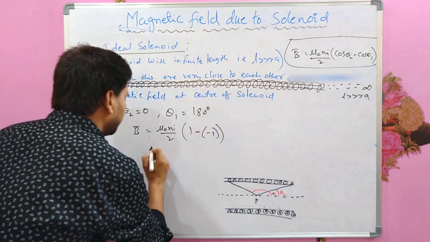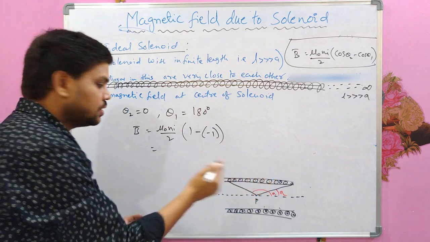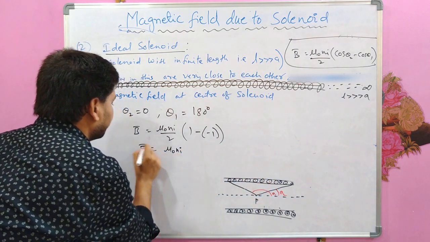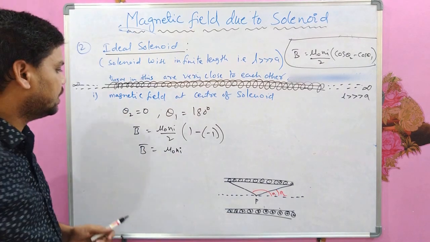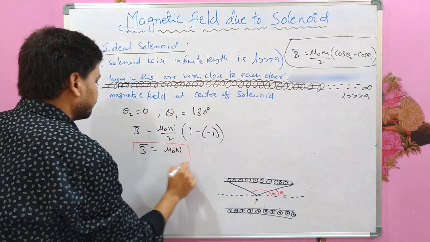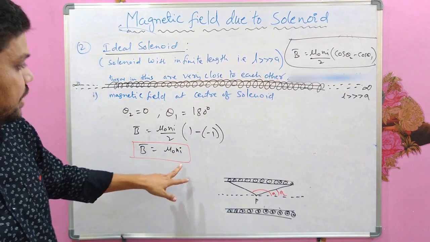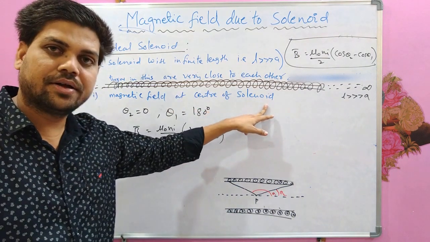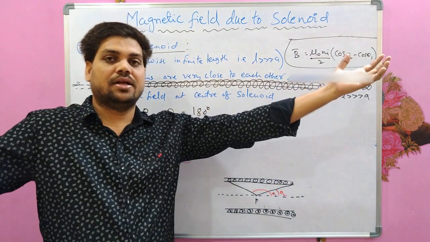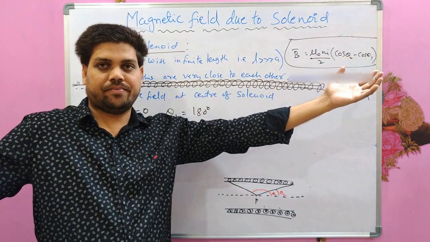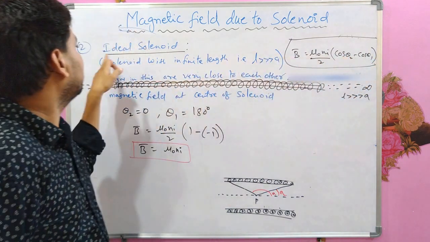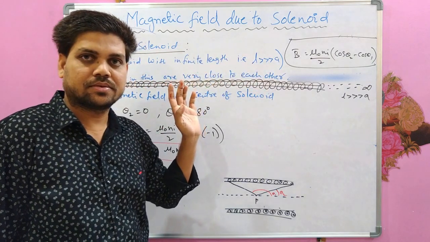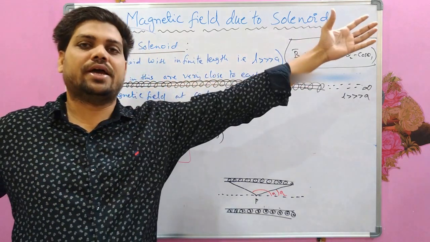So 1 minus of minus 1 is plus 2, which means mu naught Ni is the magnetic field at the center of the solenoid whose length is infinity. Ideal solenoid, solenoid with infinite length. Diameter is very small and length is very high.